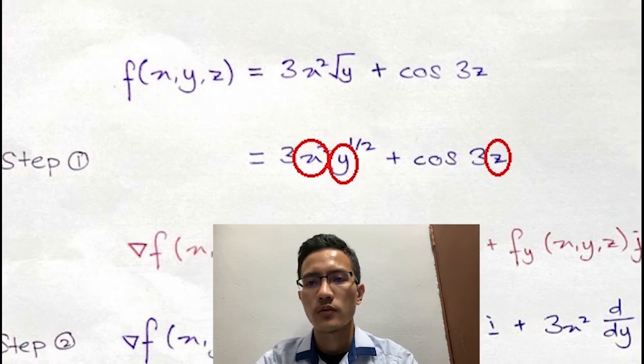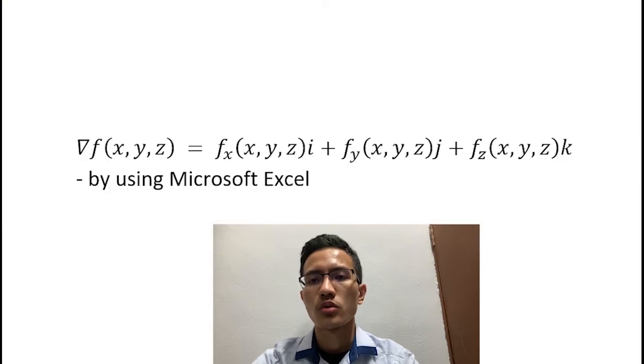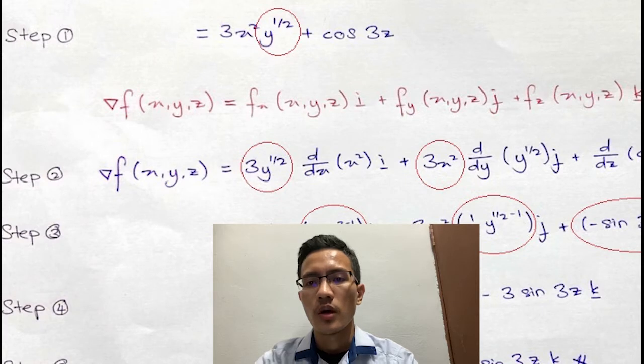In this function, it has 3 variables, so we need to use this formula. In step 2, I separate the constant value first. For the x direction, the constant value is 3y to the power of 1 over 2, and for the y direction, the constant value is 3x squared.